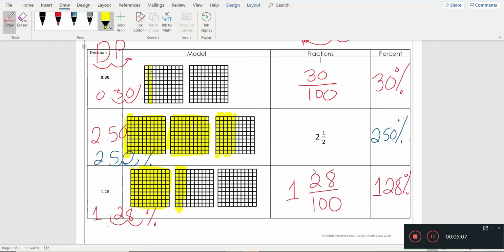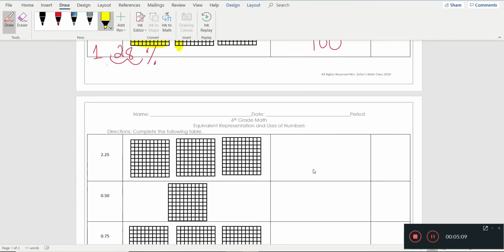Now, what we're going to do is move to the next worksheet that you have. So here, the decimal says 2 wholes and 25 small squares. So I'm going to shade this one, 2 wholes, okay, another 2 wholes here, and 25. So 10, 20, and 5.